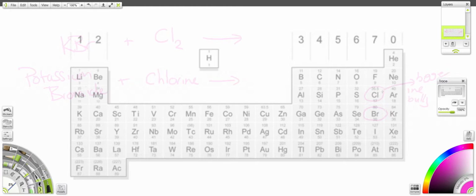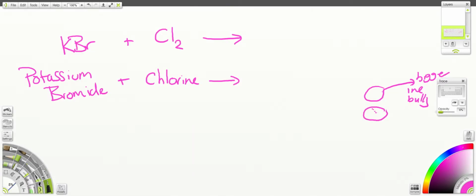So yes, it's going to bully potassium bromide and take whatever the bromide has and leave it on its own. So here's my potassium bromide, here's my chlorine. The chlorine is going to bully the bromine, so the bromine is going to be left on its own, and the chlorine is going to steal the potassium, because that's what bullies do. That's KCl.